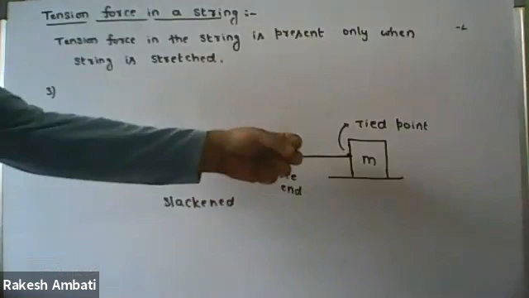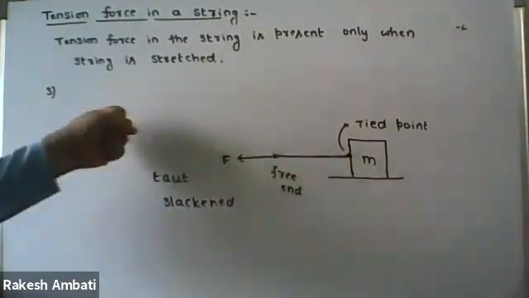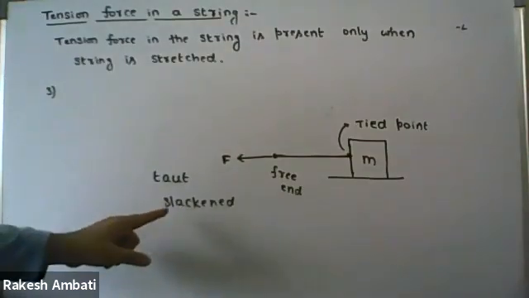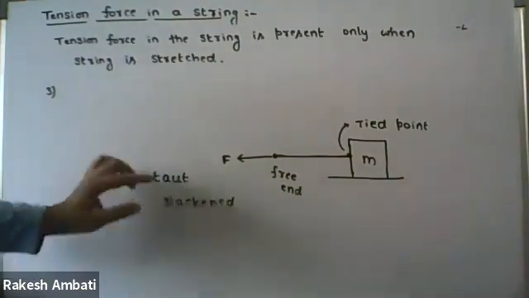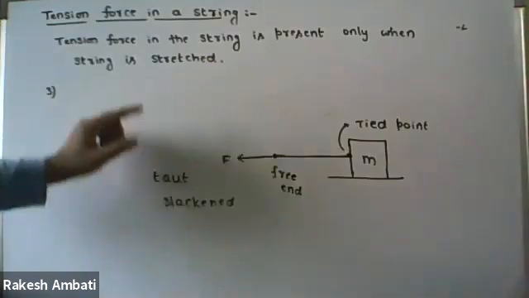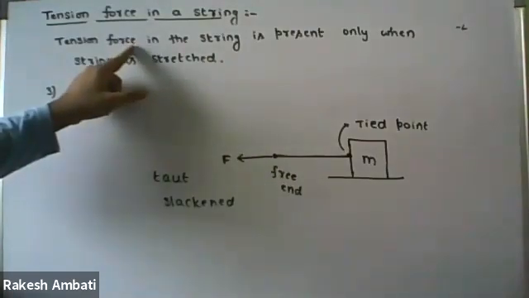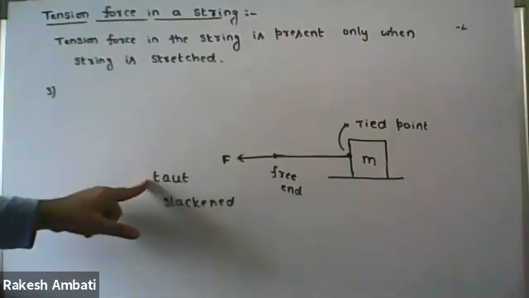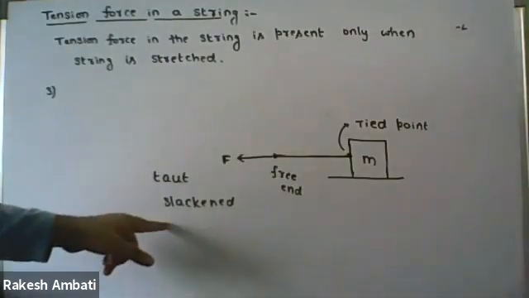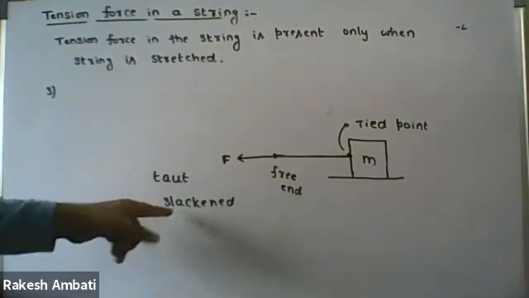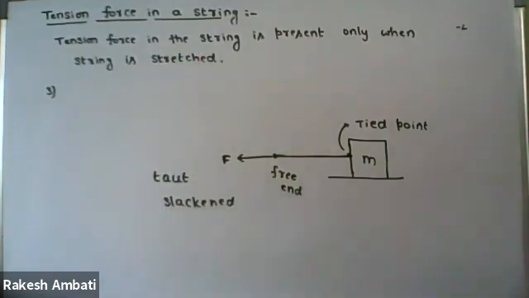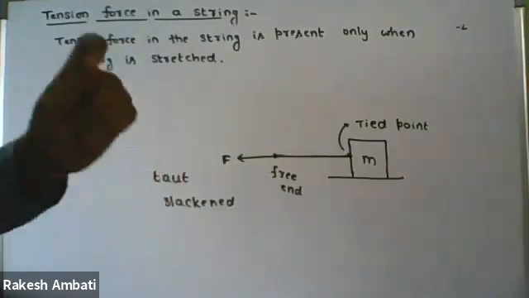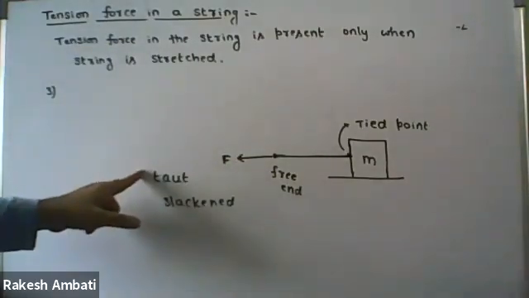When the force is applied, the string becomes taut. That means this tension force is present only when the string is taut. When the string is slackened, no tension force is present.